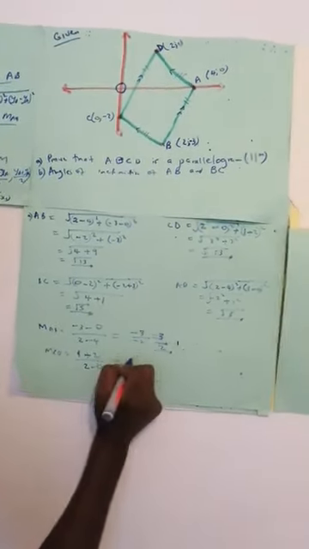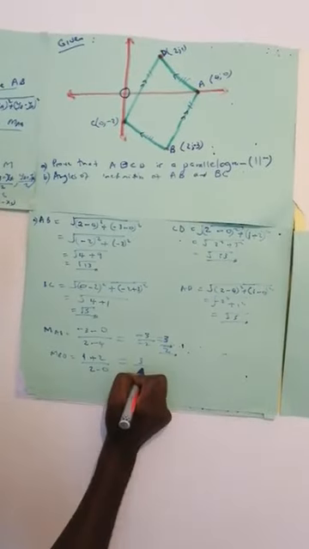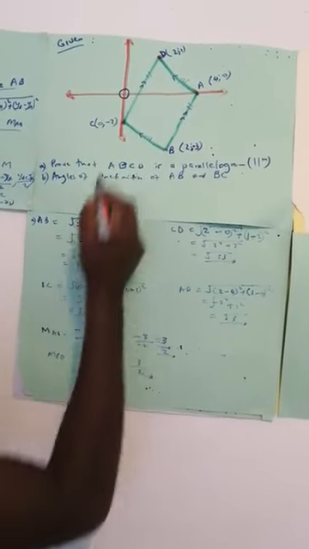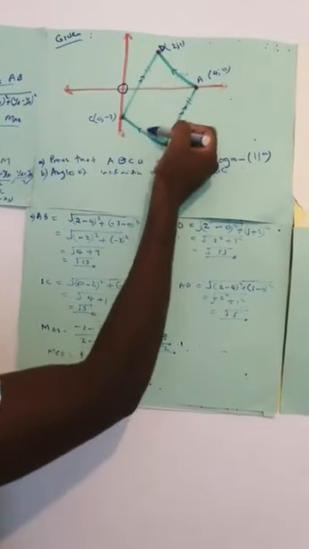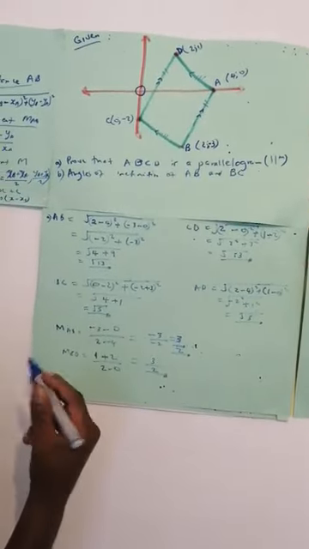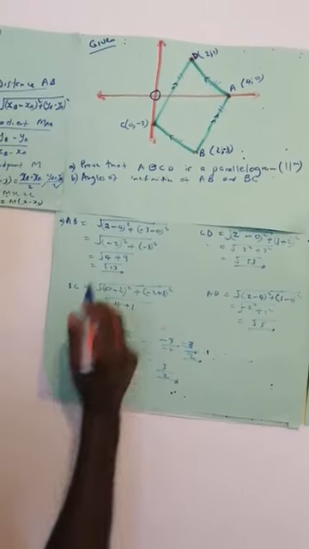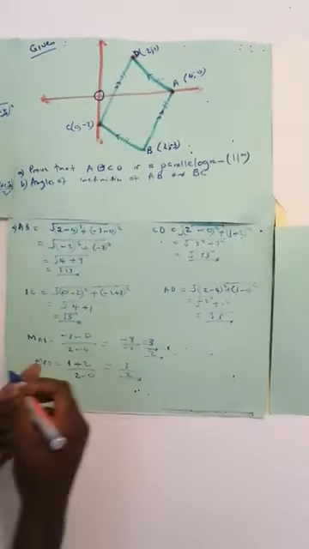So this one is 3 divided by 2. They are equal. So it means these are parallel. We are left with this one, to see if they are parallel or not.